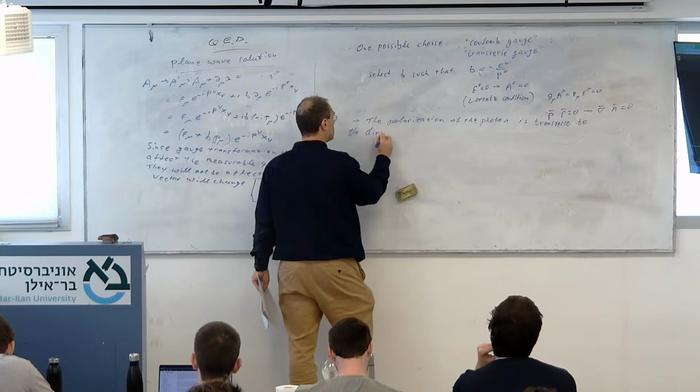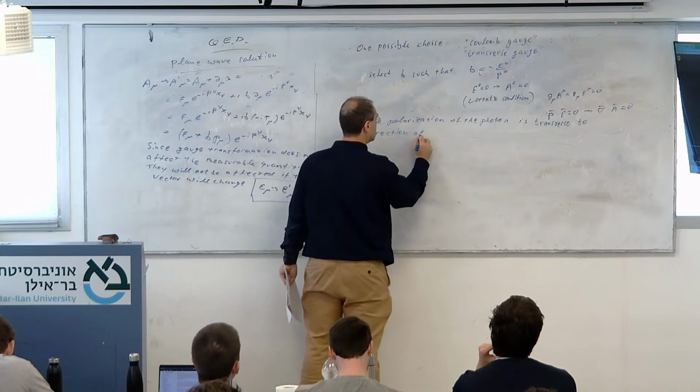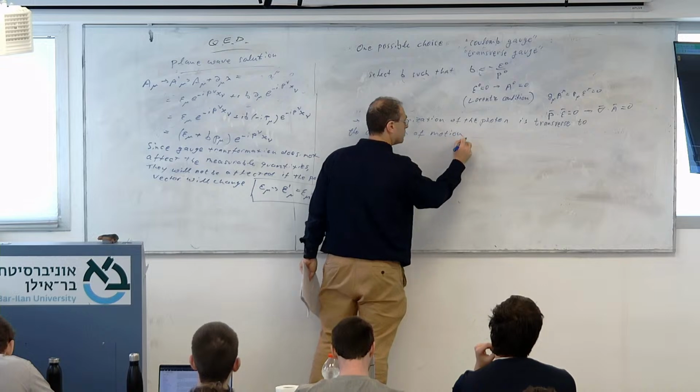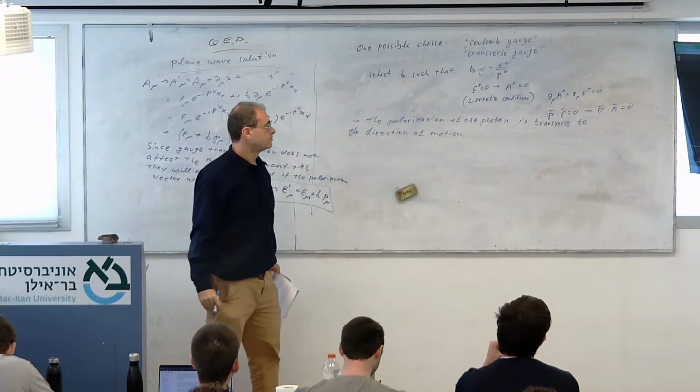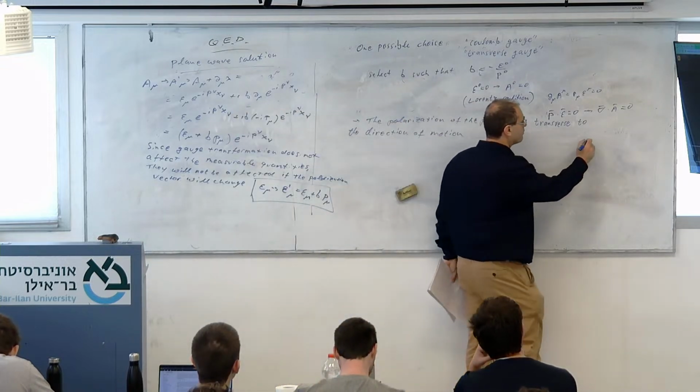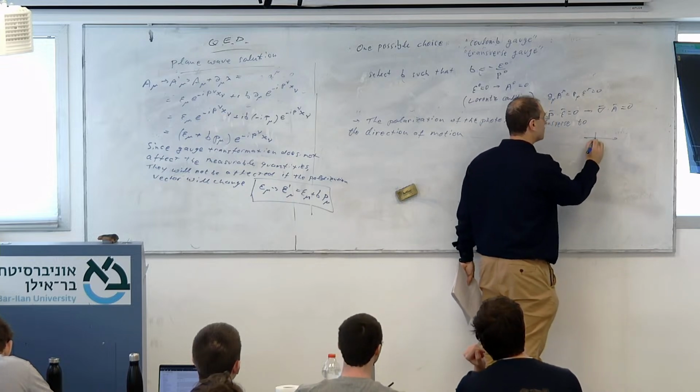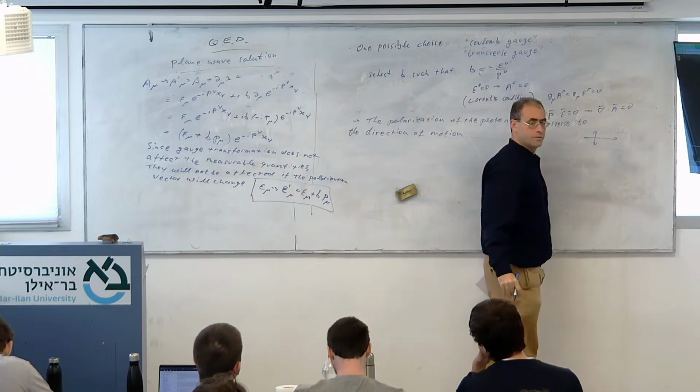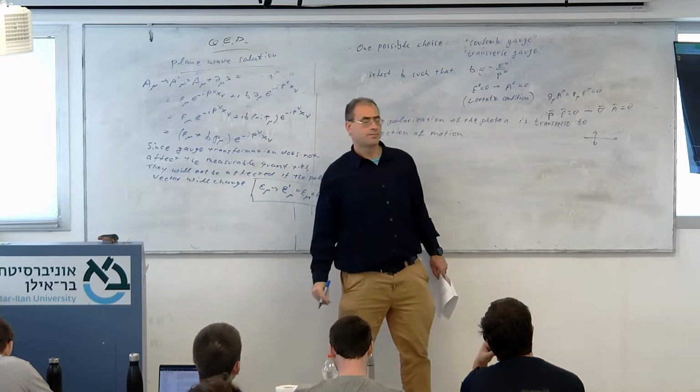What is transverse? Perpendicular. If this is the propagation direction of the photon, then the polarization would be in this direction.